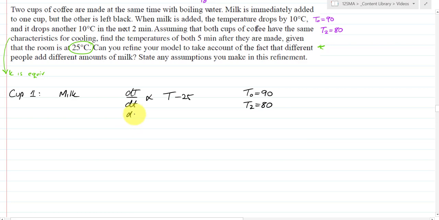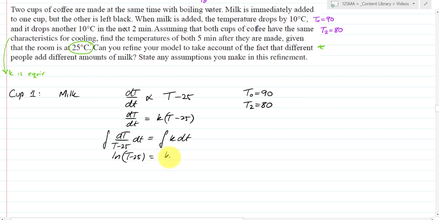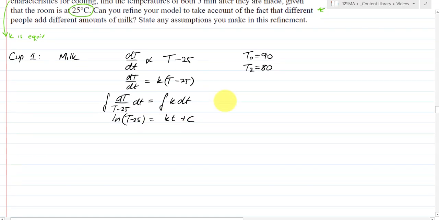So I get dT/dt equals k(T minus 25), which leads to the integral of dT over T minus 25 equals the integral of k dt, and that gives me log(T minus 25) equals kt plus some constant, which gives me T equals Ae^(kt) plus 25.